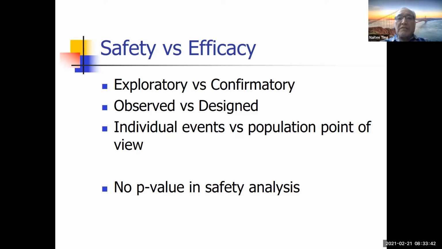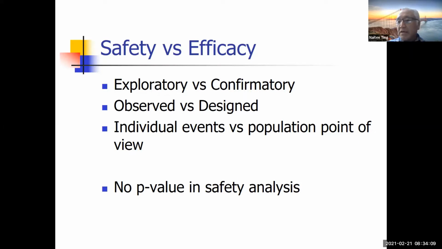From a hypothesis testing point of view, you have two distributions: a placebo distribution and a test drug distribution, and the hypothesis is trying to differentiate these two distributions. By increasing sample size, we can separate these two distributions with the pre-specified alpha and beta, and we can test the null hypothesis.